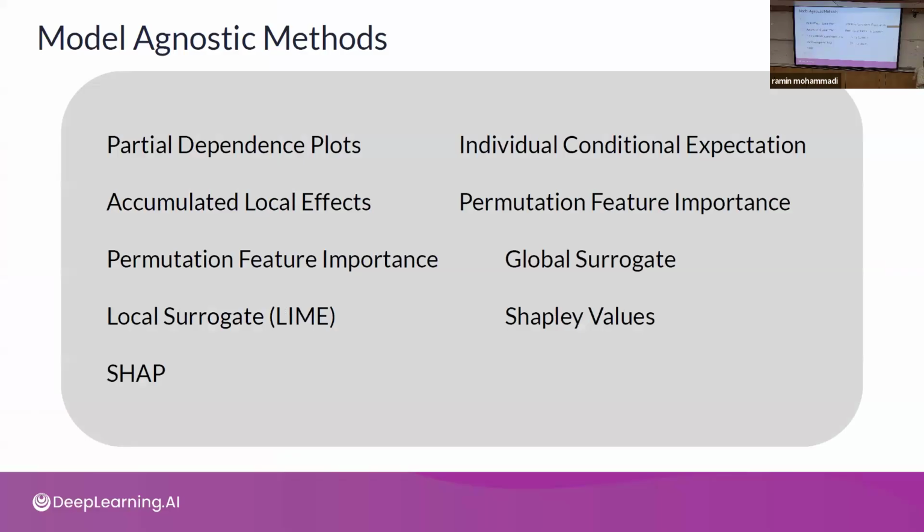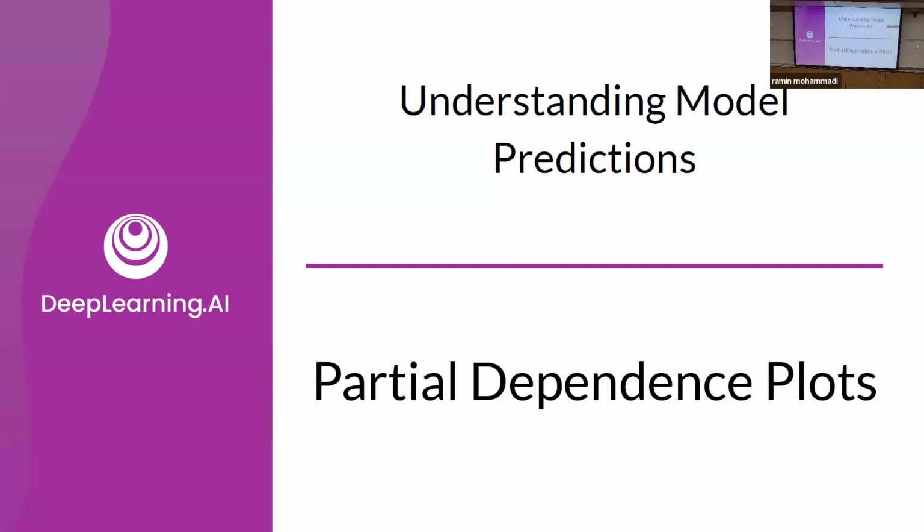These are the common ones you can use for model agnostic interpretation: partial dependence plot (PDP), accumulated local effects, permutation feature importance, local surrogate, LIME, SHAP, individual plot, Shapley, global surrogate, and stuff like that. There are more than that, but these are the common ones you can use to interpret your model.